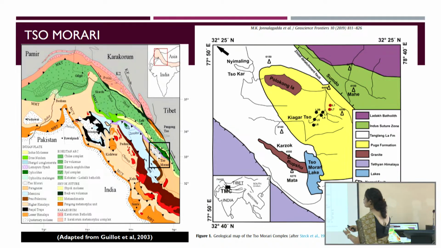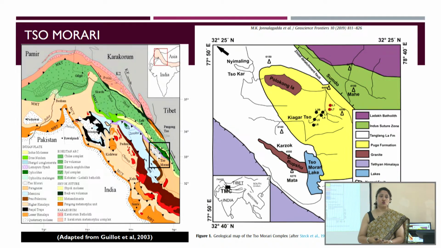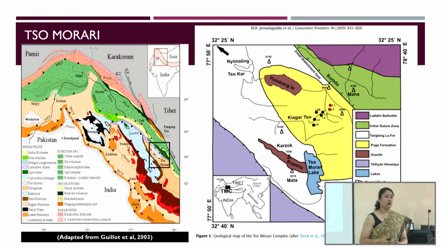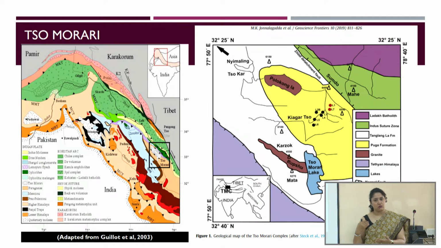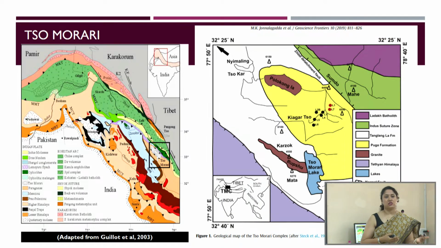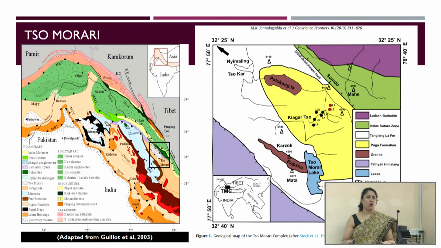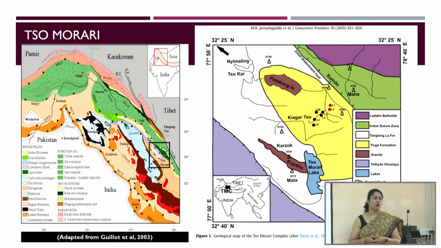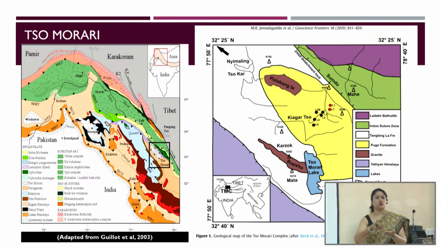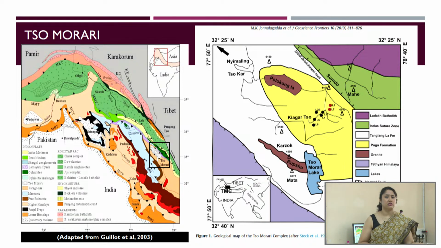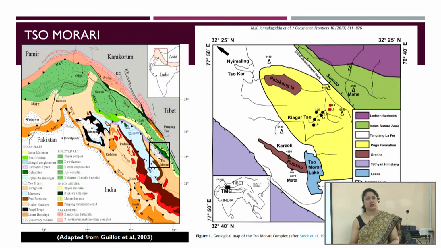But everything else is retrograded to amphibolite facies. So we are typically looking at processes during exhumation more than what we see during prograde. That is typically what happens with metamorphism, because it at times obliterates all the prograde signatures and you are left with retrograde signatures.